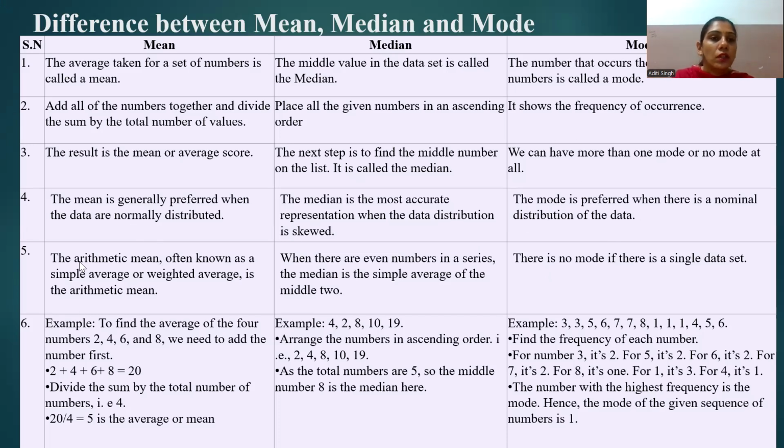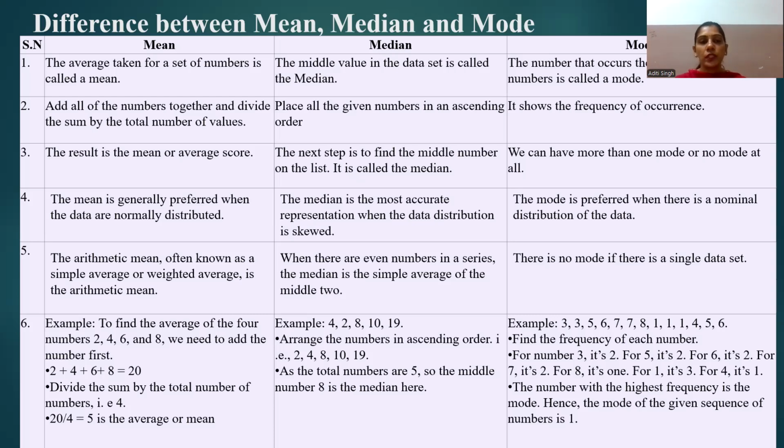So now next, what is the arithmetic mean, or you can say mean, known as. Calculation of mean is a measure of central tendency, and mean can be calculated in three ways.